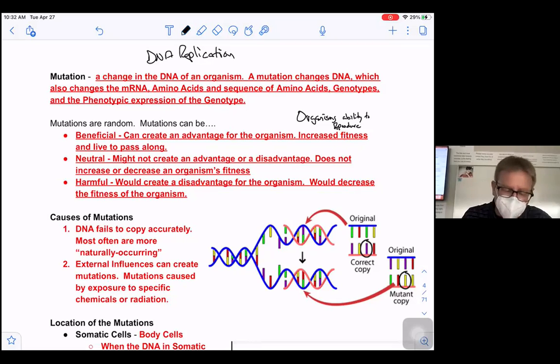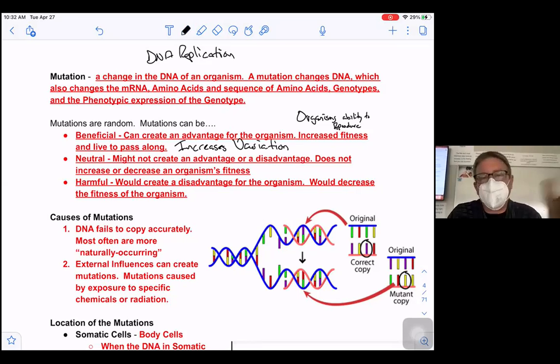We can also get a beneficial mutation result because it increases variation. Now remember, variation is the way that we look differently from other people, from other organisms of the same species. We all have different hair color and eye color and skin color. We're all different heights of tall and short.